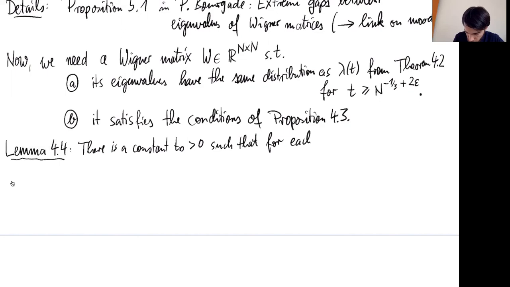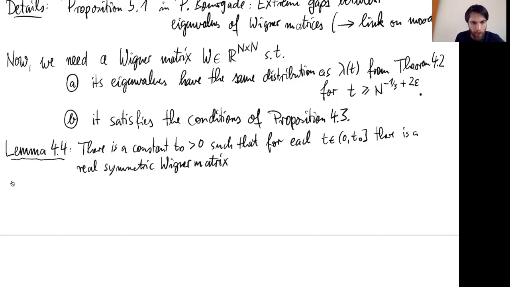for each t in 0 to t0, there is a real symmetric Wigner matrix W0 which satisfies the following.